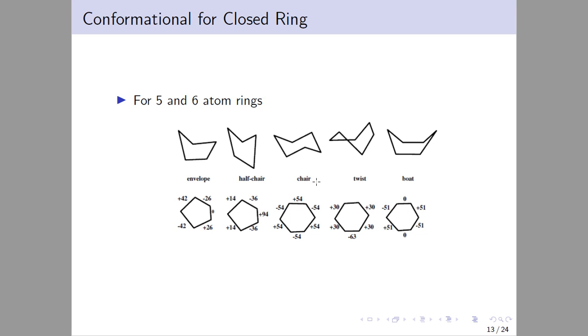We can have the chair, the twist, and the boat for the configuration. Here we can see the angles 0 degree, 0 degree, 50, plus 51, minus 51, plus 51 degrees.